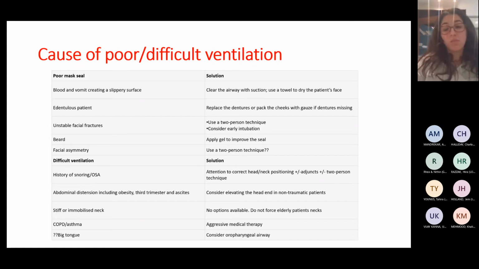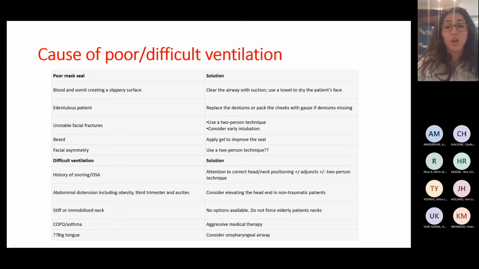You can use the two-person technique and make sure that you're not putting extra pressure, or in this situation it's better to consider early intubation or other front of neck maneuvers. If your patient has facial asymmetries, deformities that are stable and not related to acute injuries, using the two-person technique might solve the problem.